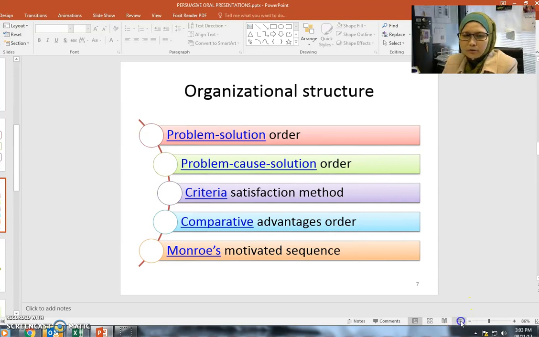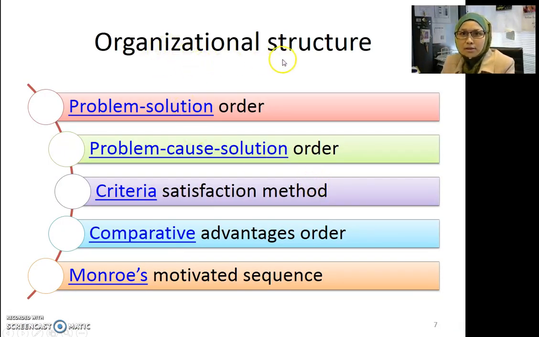So now let's move on to the next part, which is organizational structure. For individual presentation, you had several organizational structures. I do not know whether you remember, but one of them is chronological, and then you have the topical, cause and effect, and two more.